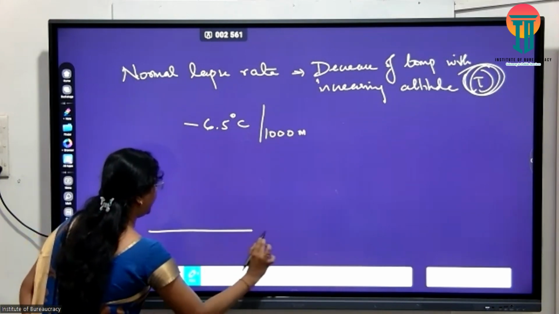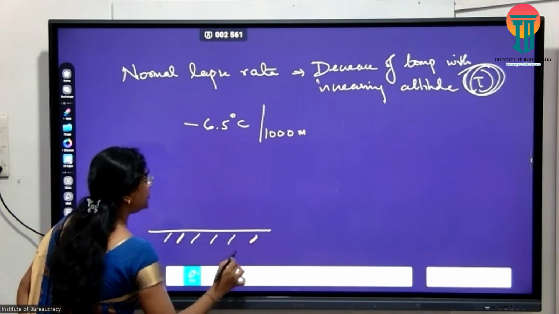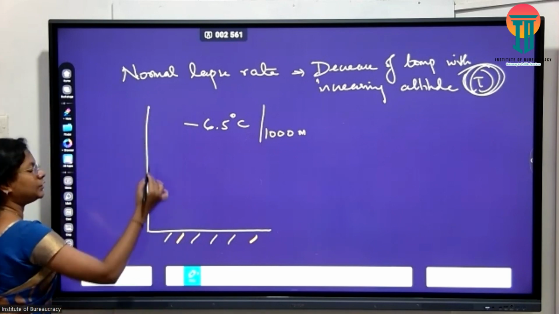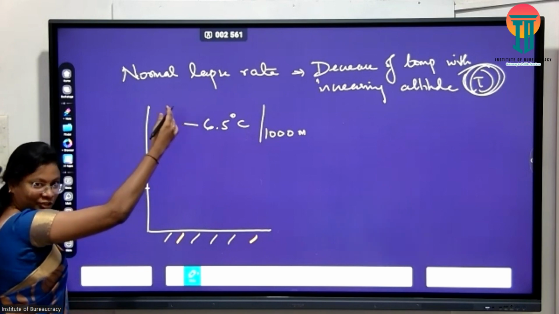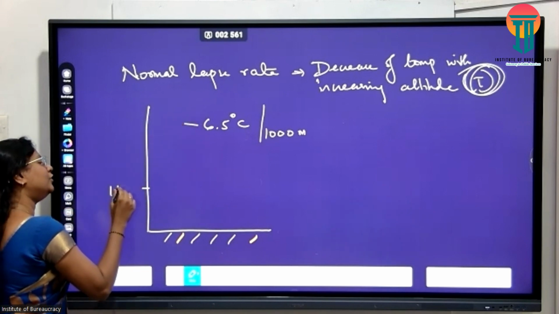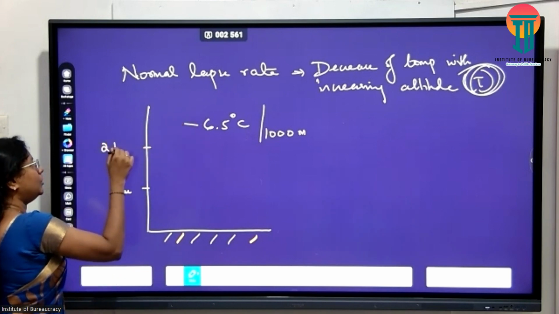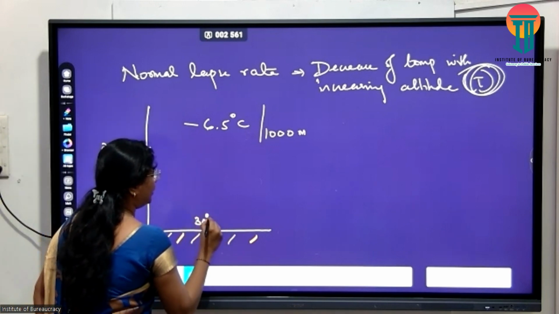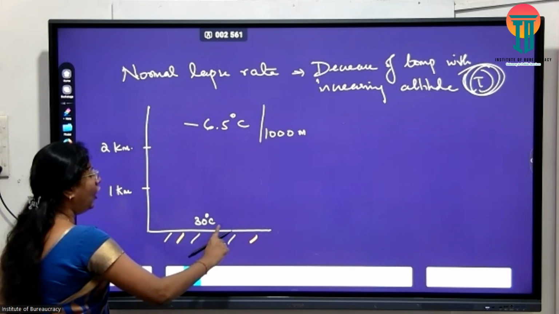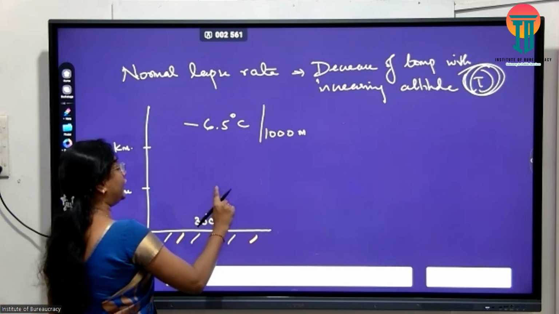Meaning, if this is my Earth surface, 1000 meters is how many kilometers? 1000 meters is 1 kilometer. So the change happens for every 1 kilometer, right? For example, if 30 degrees Celsius is my surface temperature, at 1 kilometer above, what will the value become?